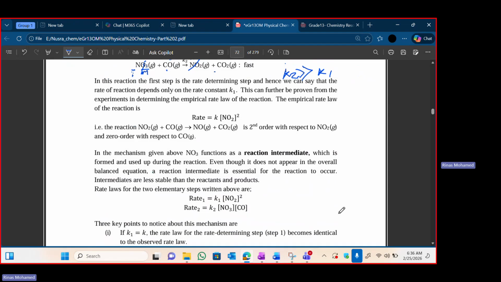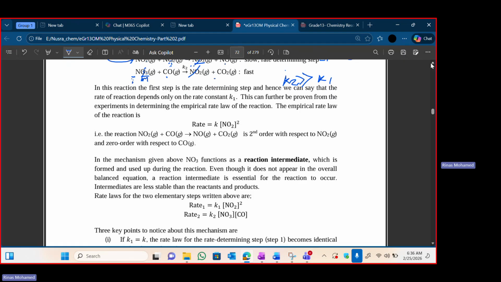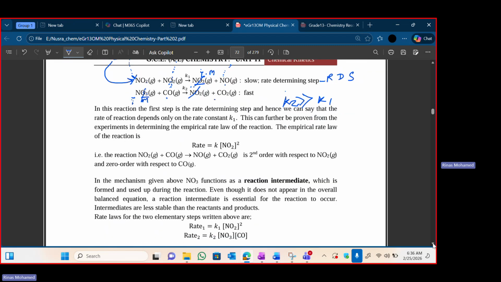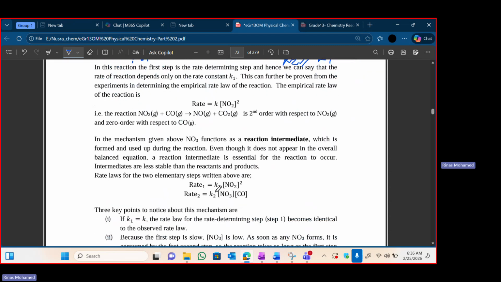But as both steps in this mechanism are elementary steps, we can write the first one as R1 equals K1 into NO2 to the power 2, right? Because this is an elementary step.